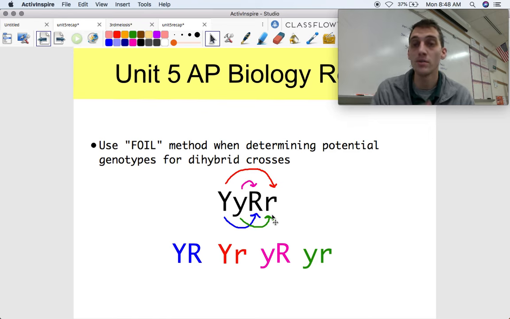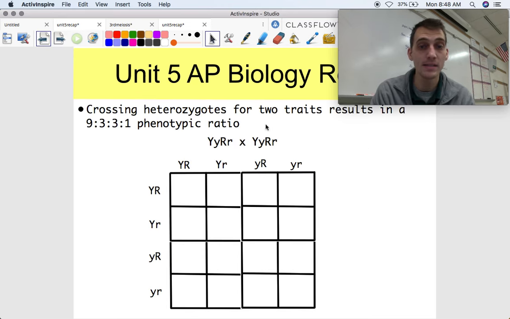Okay, so how to set up a dihybrid cross is to use the FOIL method. All of these are equally probable, hence we put them over here where we put our parental genotypes. We put them along the outsides of the Punnett square, like so. So when we cross these, we're going to do the same thing as we did before.